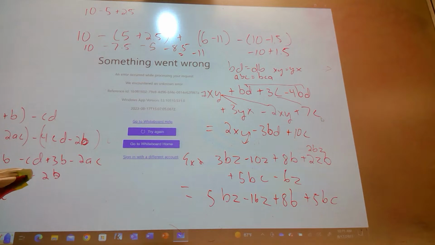Then we have minus B plus 3B plus 2B. There's 3 that have the B. 1, 2, 3. Minus B plus 3B plus 2B. So minus 1 plus 3 plus 2.